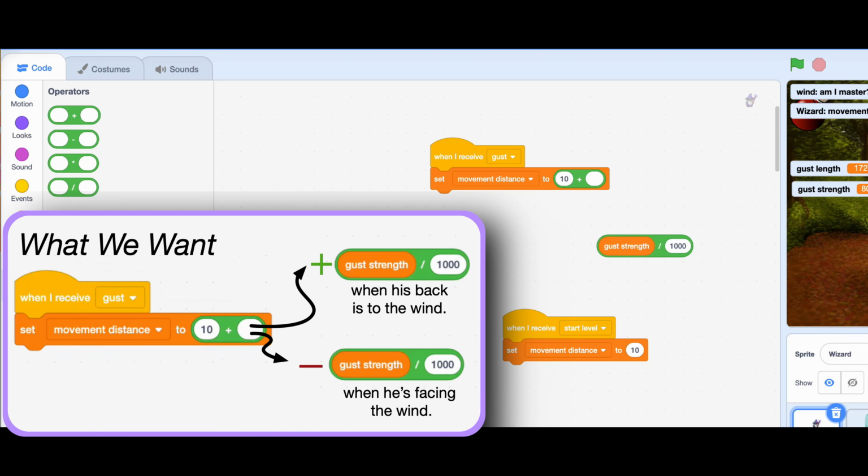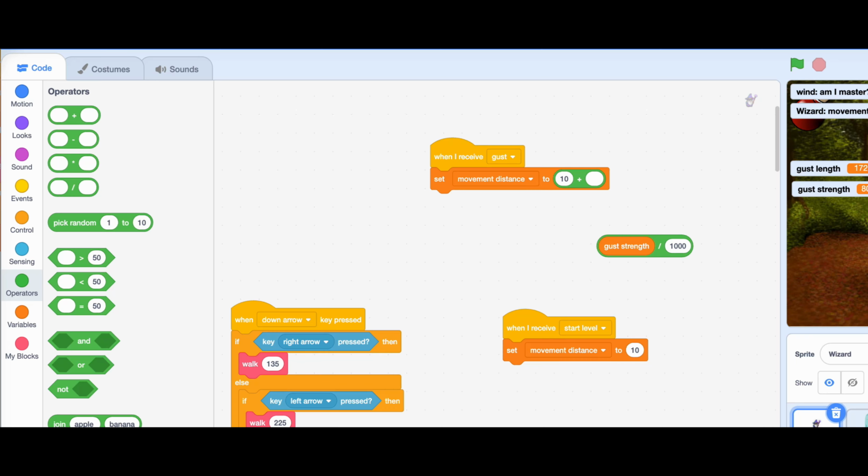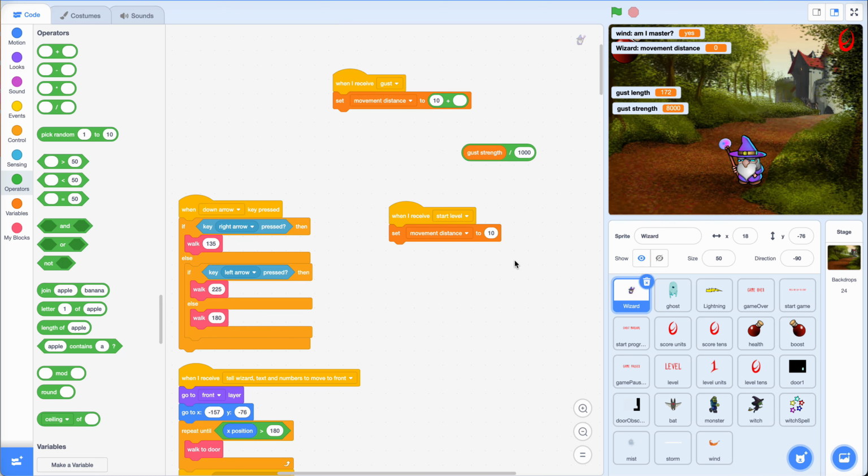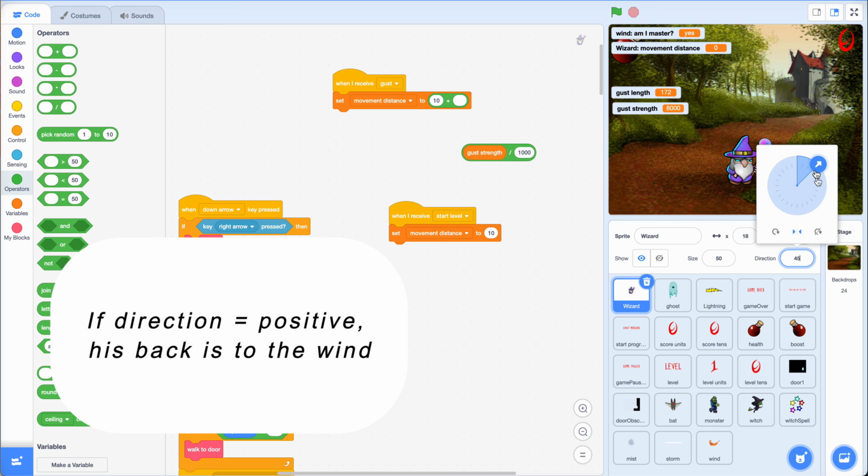So to get the effect that I want, I'm going to use a trick that we've used before. Remember that direction is negative if it's over here. You can see the number underneath the dial, these are all negatives. And positive if it's over here. So we just need to find out whether his direction is positive or negative. If it's positive, then he's facing to the right and the wind is going to add to his movement.